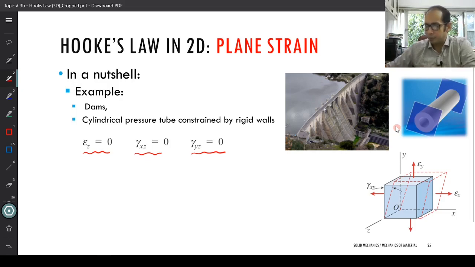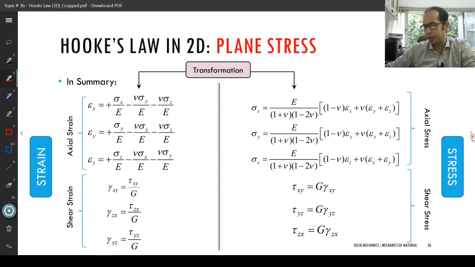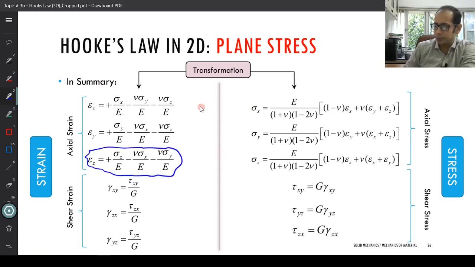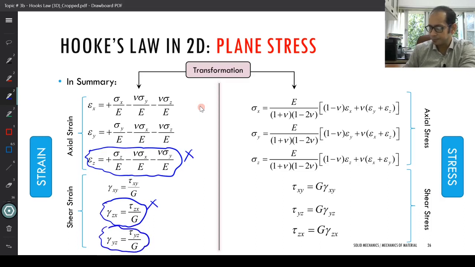So now that you have that, we can go back to our generalized set of equations, and we can cancel some of the strains, and we can see what is the consequent effect on the stresses. So again, coming back to the generalized form, since I'm not allowing any epsilon z, this entire thing is going to vanish, this thing is going to vanish as well, and this thing is going to vanish as well, right?